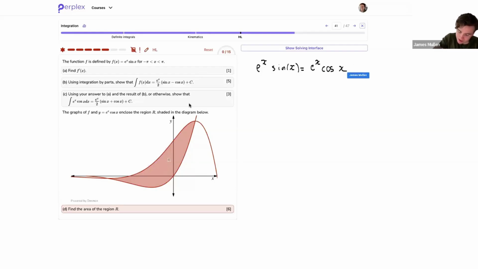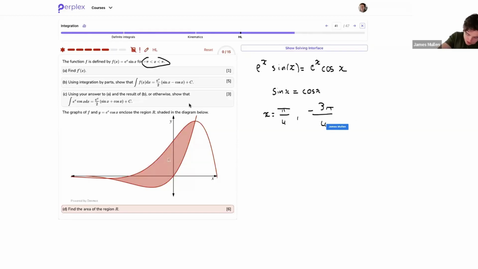And that means that sin of x is equal to cos of x, which happens in particular, since we're in this interval here, basically when tan of x is equal to 1, so x is equal to pi over 4 is one solution, or negative 3 pi over 4. So those are my two solutions. So this is going to be negative 3 pi over 4, and this is going to be pi over 4.